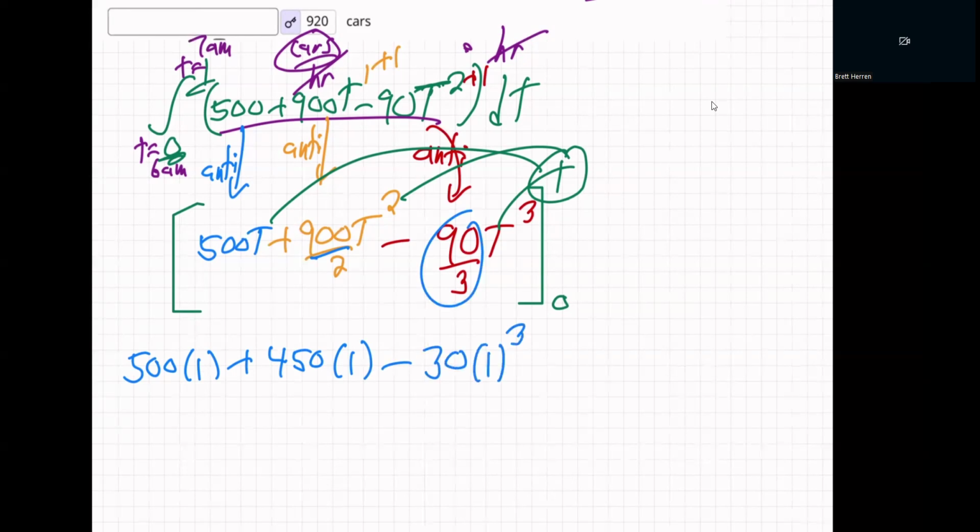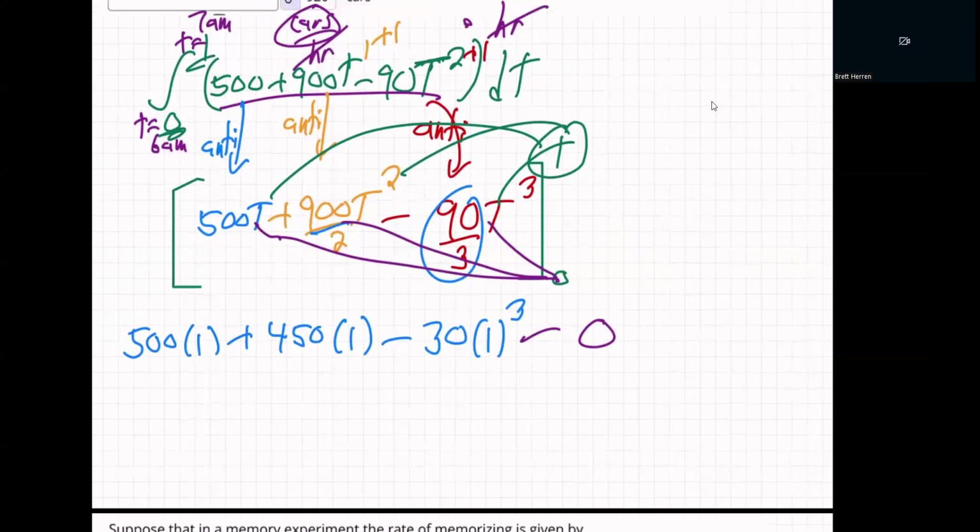And then minus, you're going to plug in 0 for t, and that's just all going to be 0 because the lower bound is 0. So the answer is just going to be 500 plus 450 minus 30, because 1 cubed is just 1.